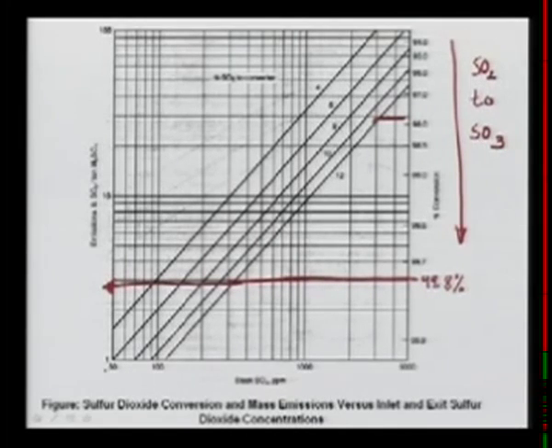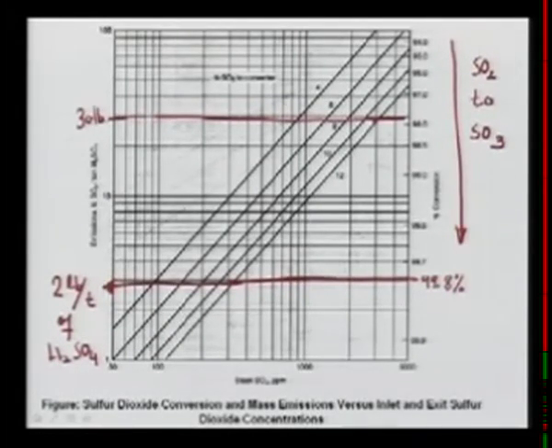So the corresponding emission, if you see here, after double conversion will be something like 2 pounds per ton of H2SO4. If I was operating only at single conversion, the emission would be maybe more than 30 lb, and this one is 99.8.